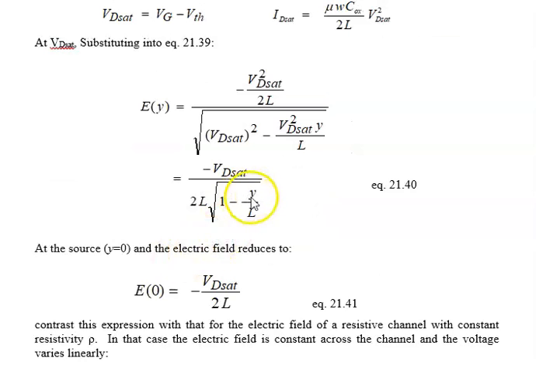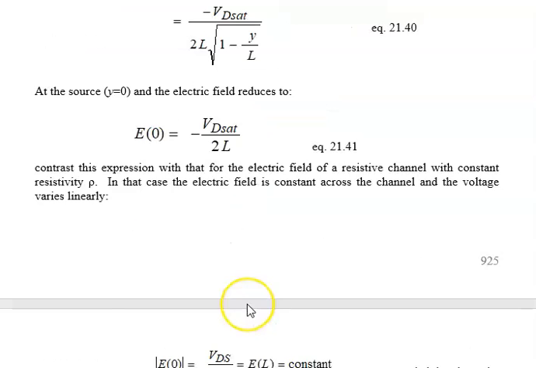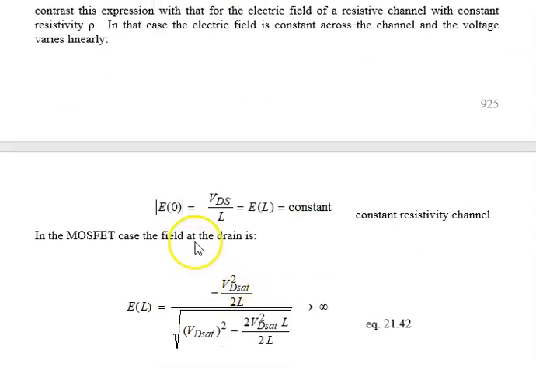However, when y equals 0, this term goes away, and it's just Vd sat over 2L, and that is basically what we had previously. So everything makes sense, and that's a good thing.